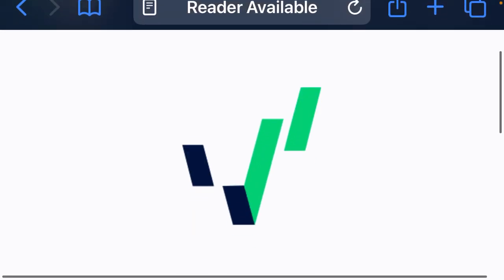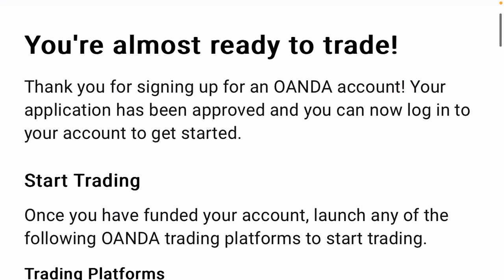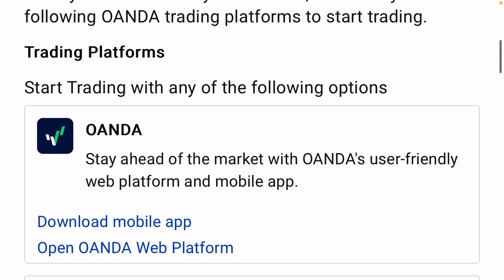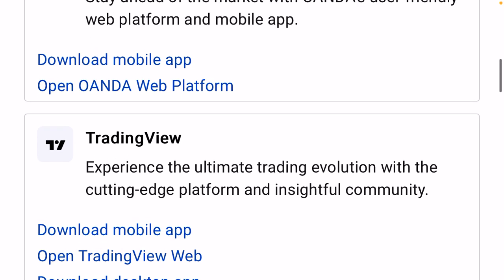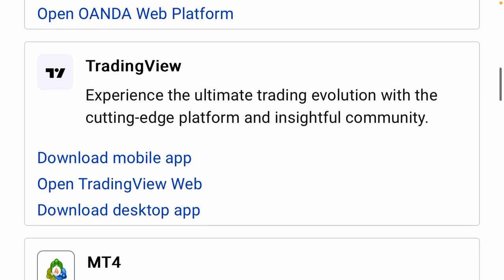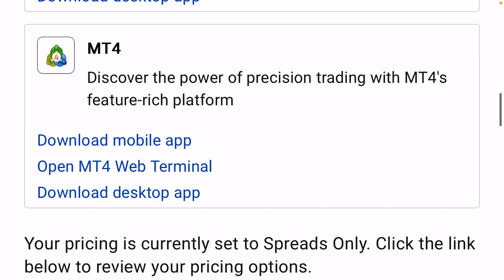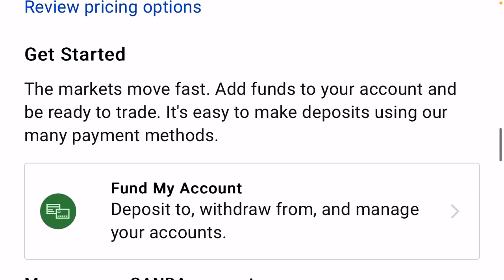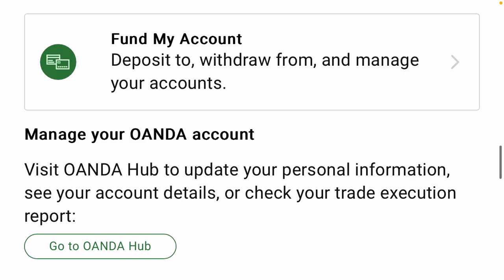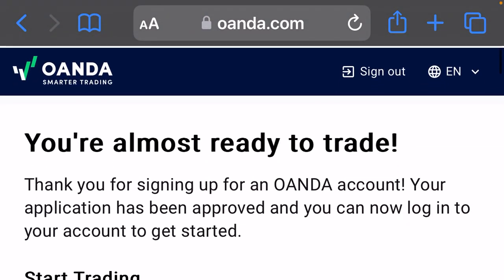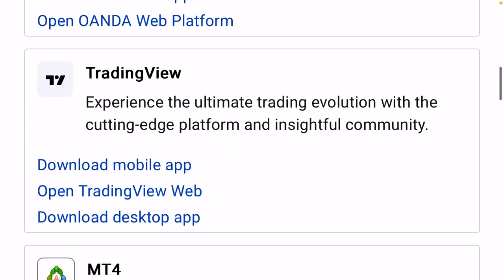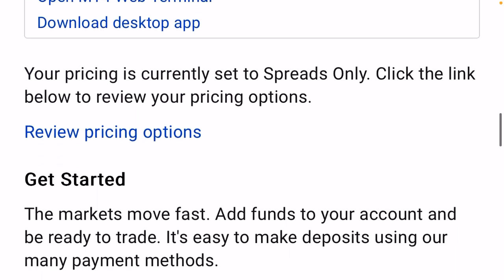and you're almost ready to trade. So just download the mobile app. Real easy. And it'll download the stuff to the computer.